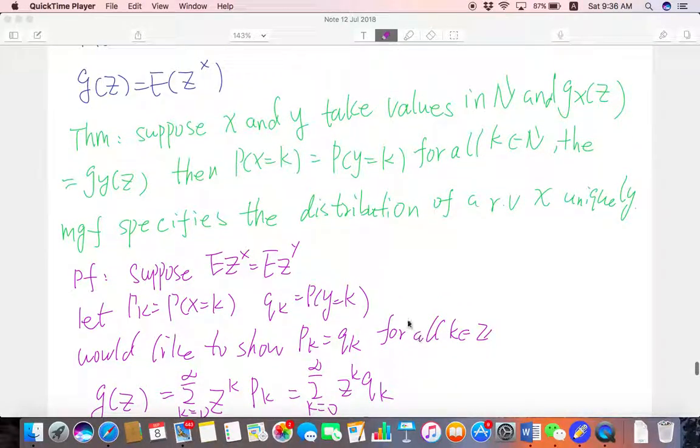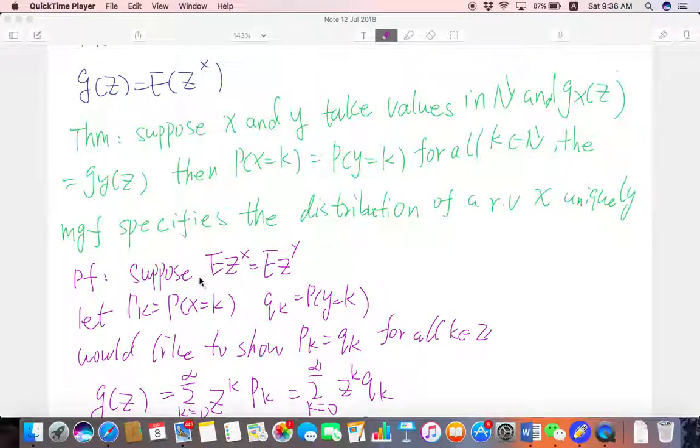Actually, this theorem can be extended to random variables not taking natural numbers. Whatever it is, it can take other kinds of ranges of numbers or continuous random variables. But the extended theorem of this kind cannot be proved in this video because it is out of the scope of the university level math course.